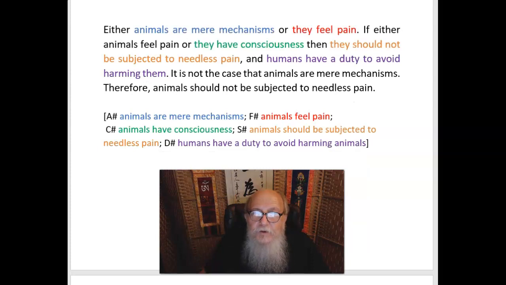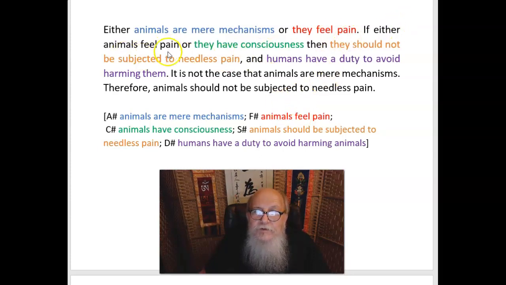A useful thing to do first, when dealing with these things, is to create your dictionary right off the bat. So you just go straight through the argument as it's presented, and each proposition you hit, you create a symbolization for it. So the first one we hit is animals are mere mechanisms. So there we have A. They feel pain, which would become animals feel pain.